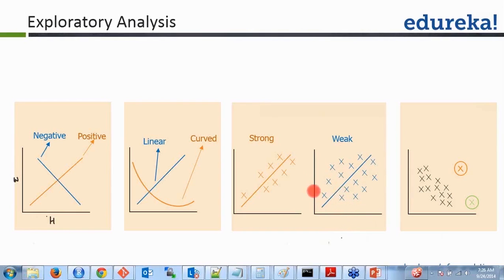Here it may say 50 kg, here it may say 90 kg. So with two people having similar height, the relationship with respect to weight is probably weak here. Okay, all right.